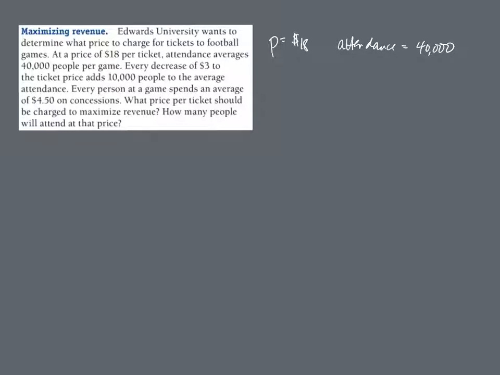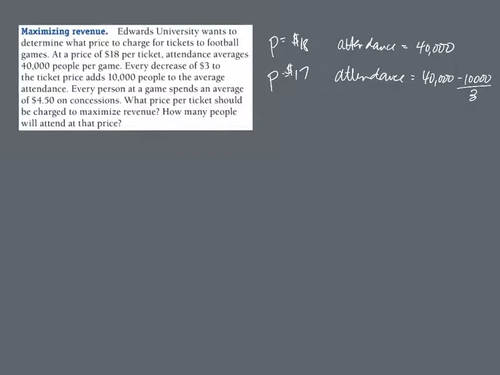So this says that if I decrease to $17, my attendance is 40,000 minus 10,000 over 3, right? So basically for every dollar, my attendance drops. So we just want to keep that in mind.